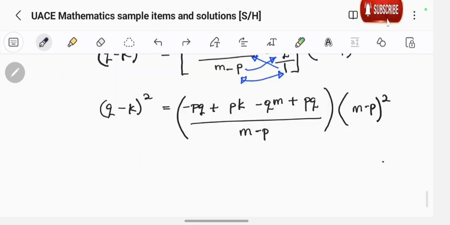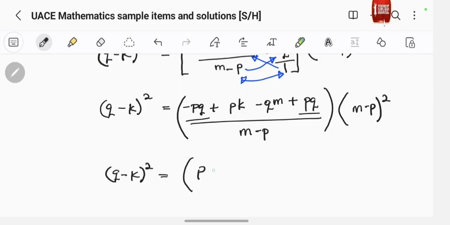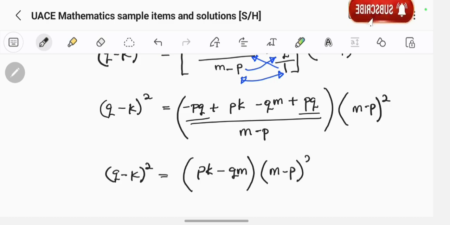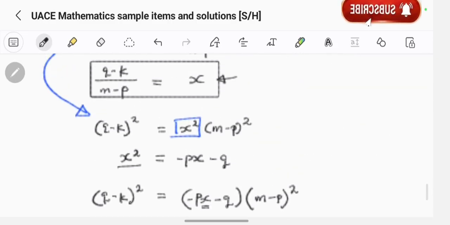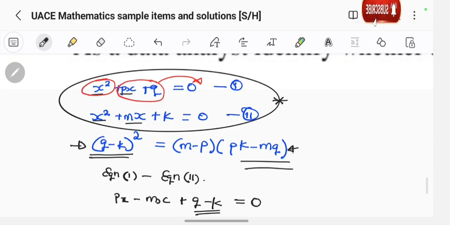So it's going to be q minus k squared is equal to, when you look at negative pq and positive pq, they are going to cancel, and we shall end up with pk minus qm into m minus p. So I think this is what they wanted.